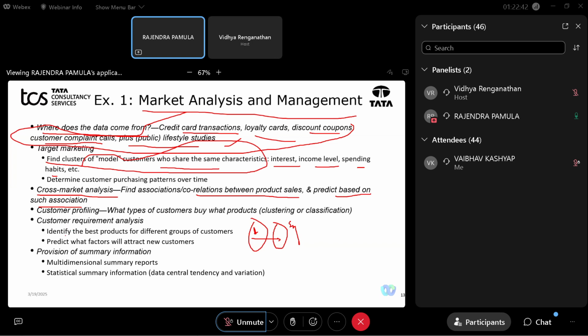And the customer requirement analysis. We can identify the best products for different groups of customers and predict what factors will affect new customers. Customer requirements in terms of age group and different working environments will buy different products.